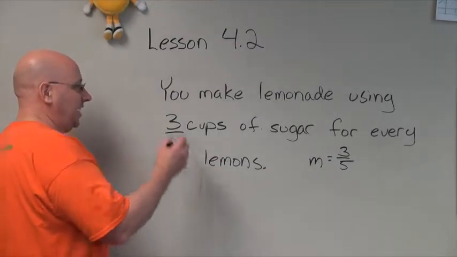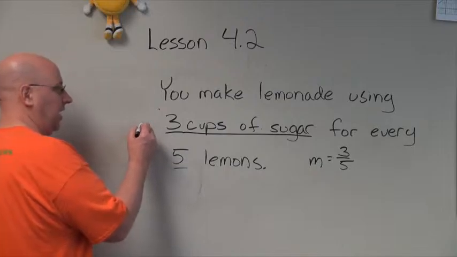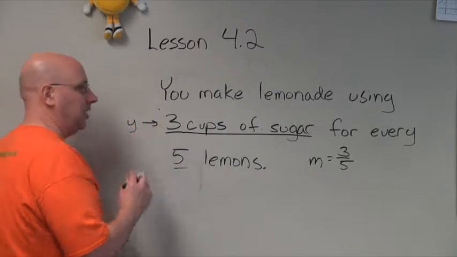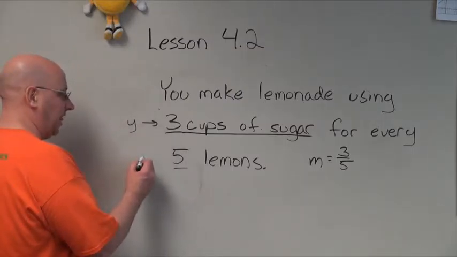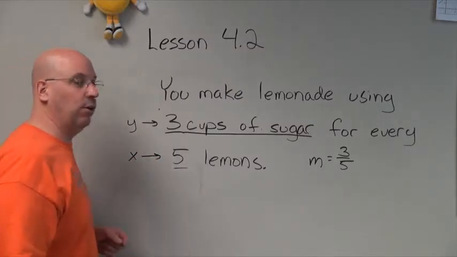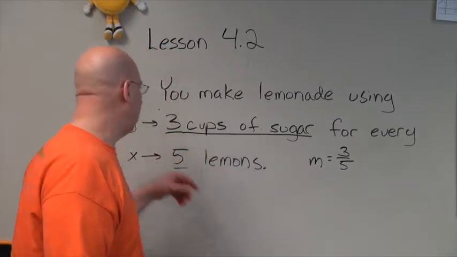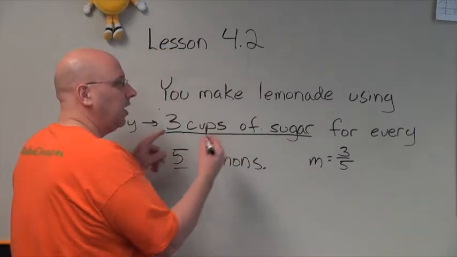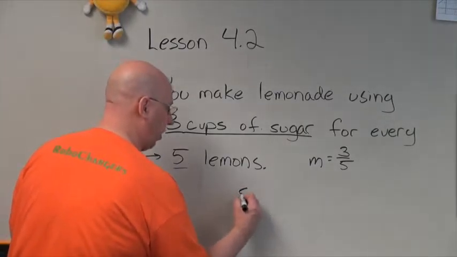Now, because I said that this is my y, because it's my change in y over my change in x, that means that this has to be my x value. So if I wanted to set up an equation for it, it would be very easy. Your y value, I'm going to use S for sugar because it makes sense for this problem.